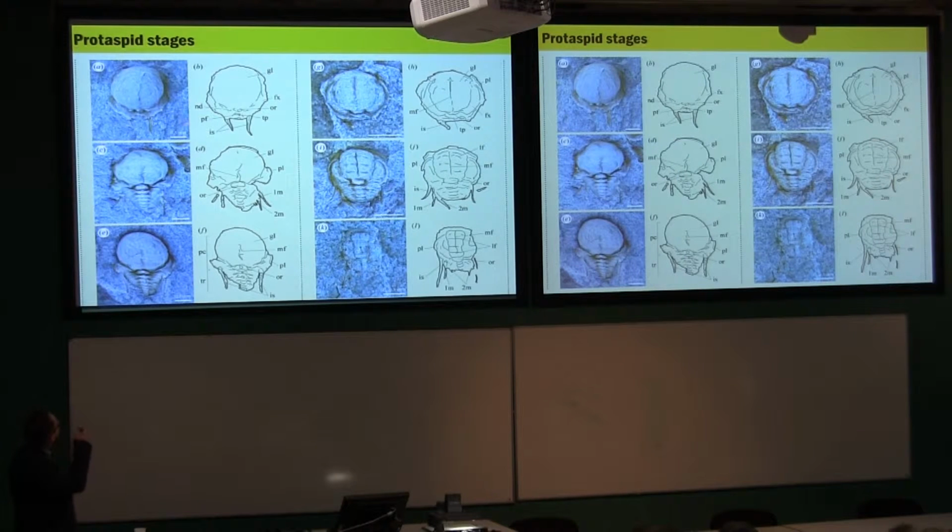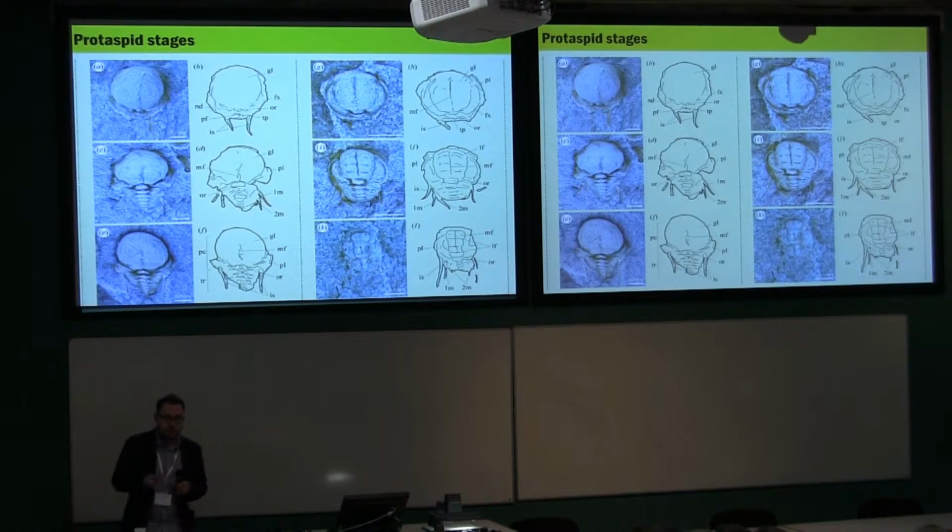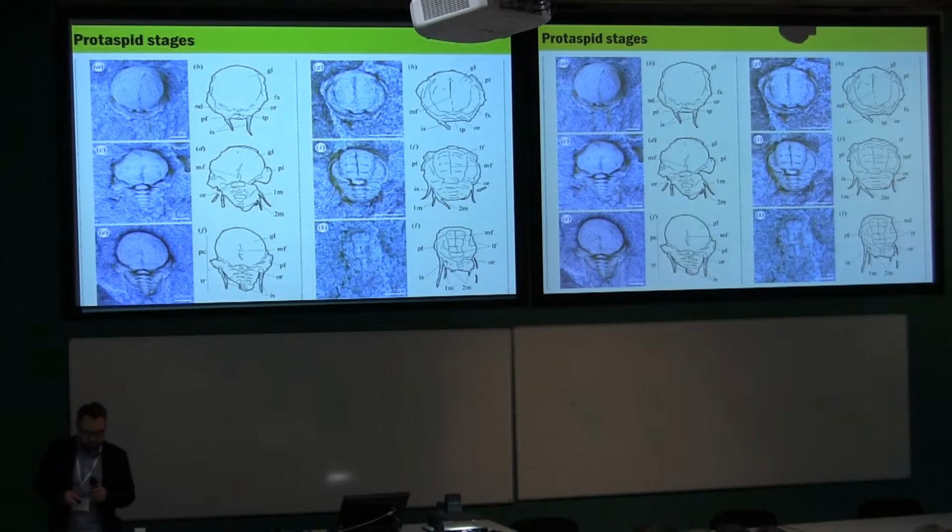These are very early protaspid stages of Hydrocephalus. These two are of Paradoxides, and this last one is of Eccaparadoxides. And you can see they are morphologically very different. You can see that these Hydrocephalus indeed have a very hydrocephalic appearance.